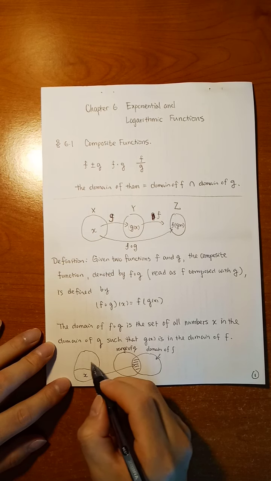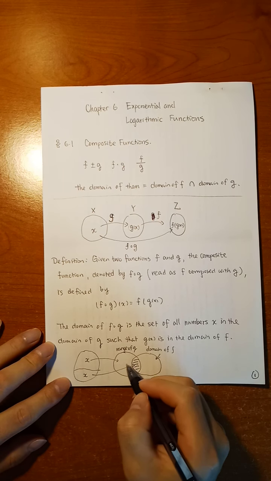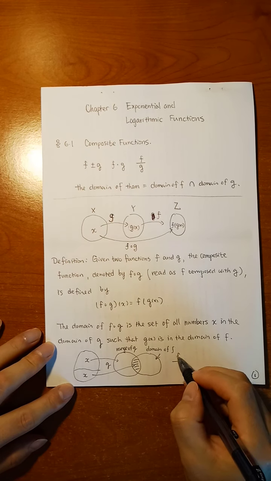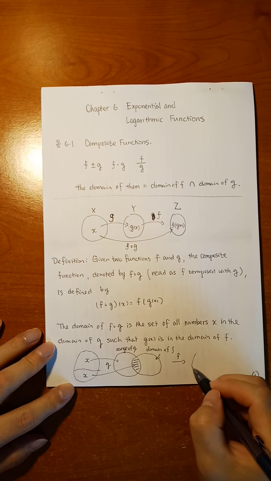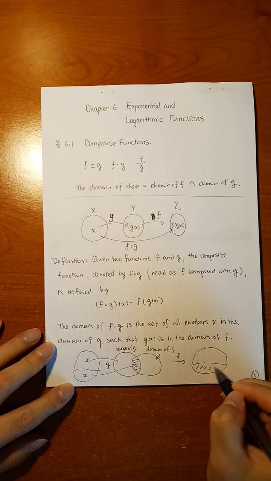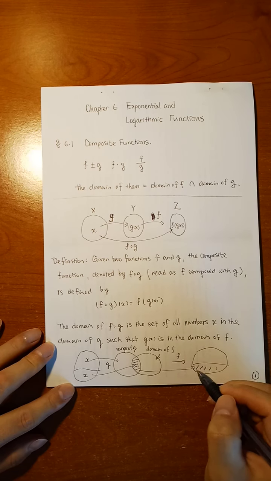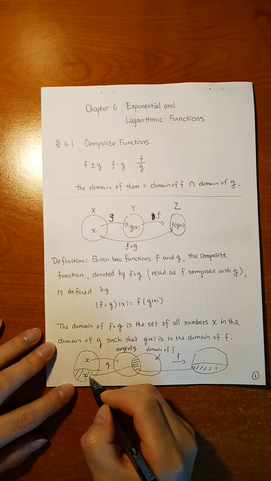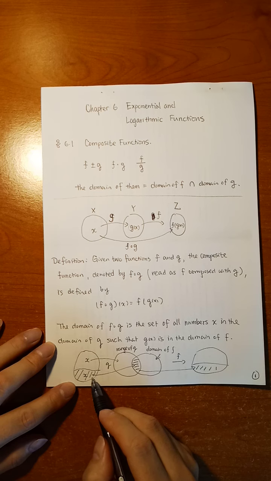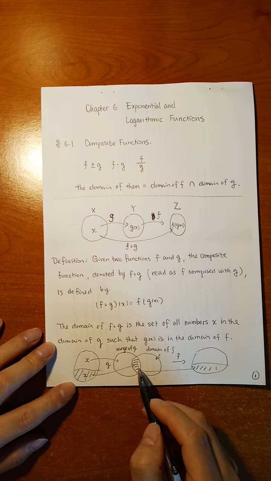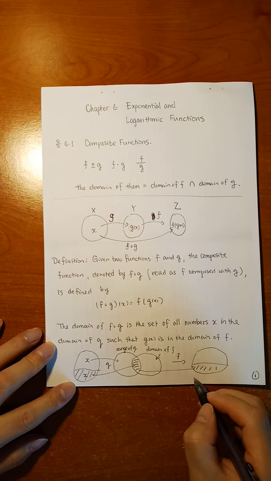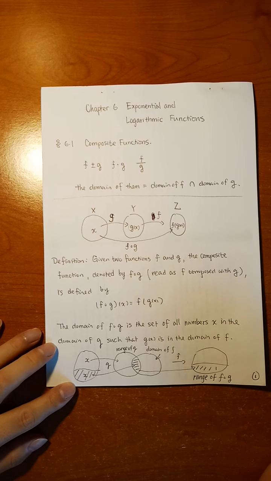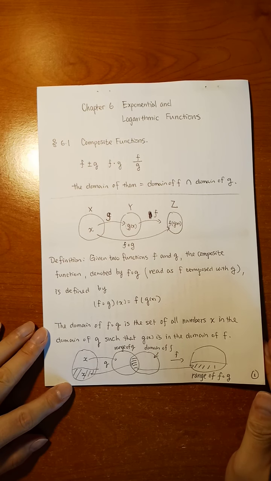The top part is mapped to this unshadowed region, and this shadowed region is also mapped to this shadowed region. So what is the domain? The domain is just this piece, because this piece is in the domain of g and it is mapped to the domain of f and it goes to this place. So this is the range of f composed with g.